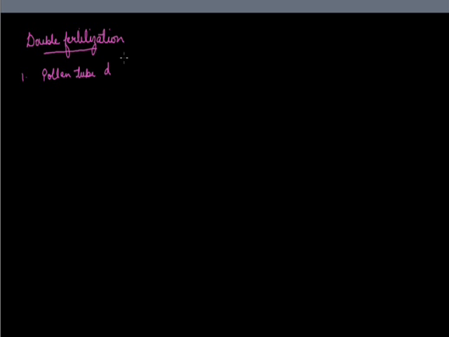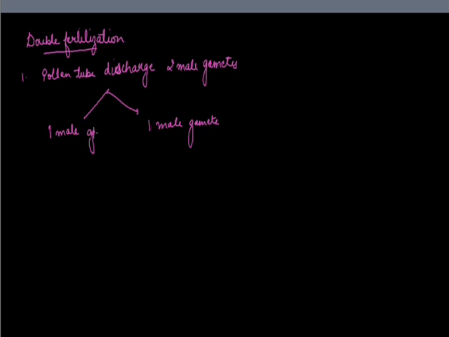The pollen tube discharges two male gametes in the embryo sac. Here is one male gamete and the other is the second male gamete. Now what happens here?